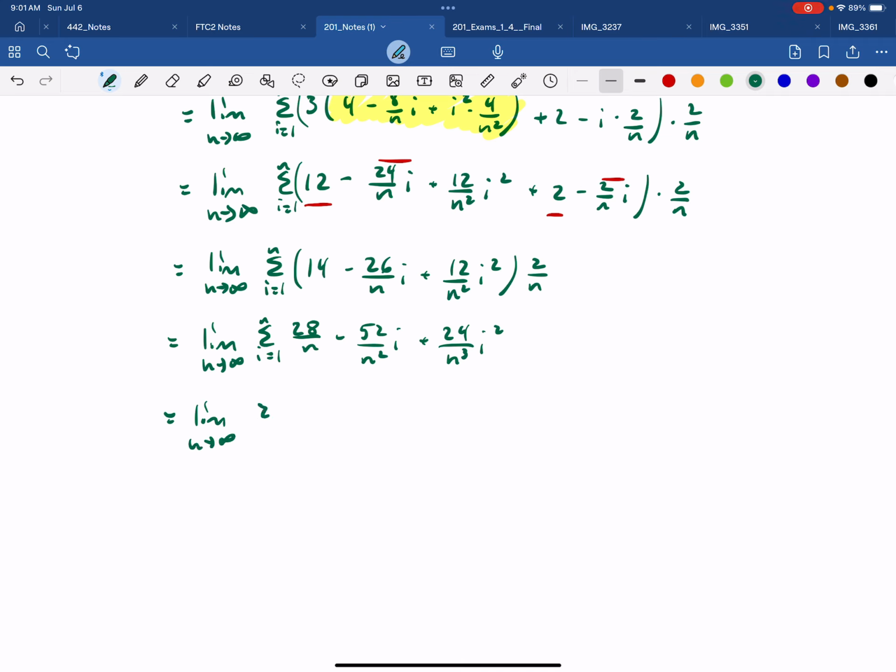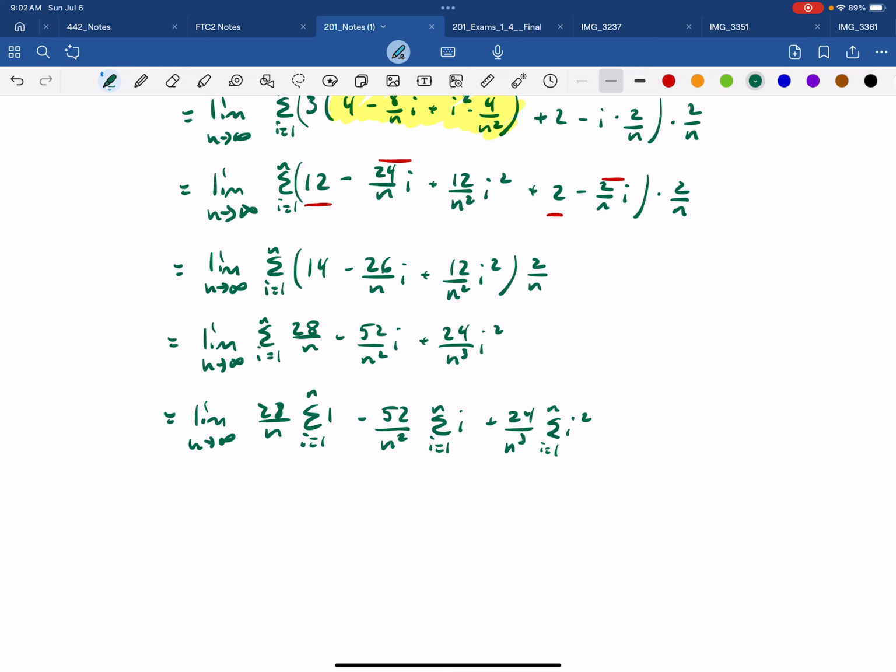And we can say this is going to be 28 over n. Oh, no, this is just times the sum of 1. I guess it's minus 52 over n squared times the sum from 1 to n of i plus 24 over n cubed times our sum from 1 to n of i squared.